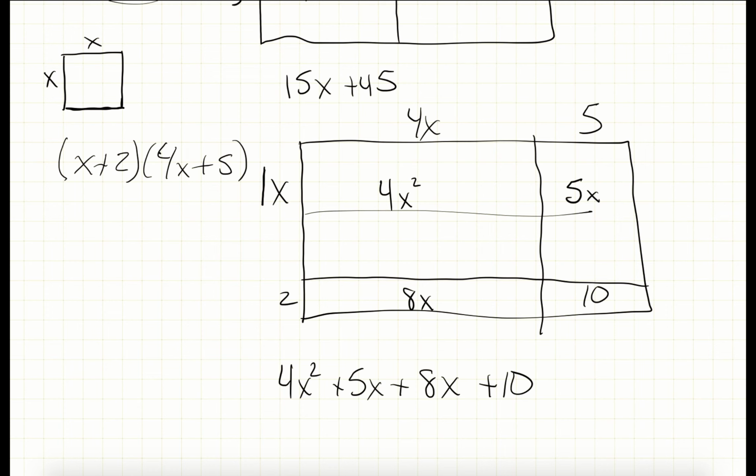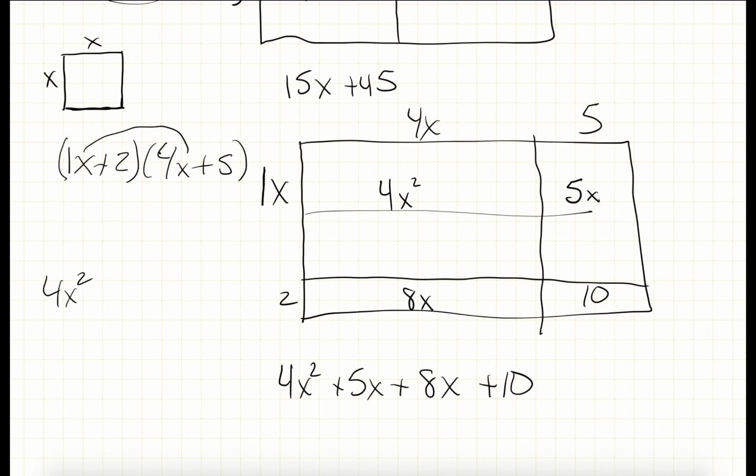Now, if you did this in your algebra book, they probably wouldn't show you all this. They would probably just tell you to use the distributive property. But what are they really doing? They're going to put a 1 right here. And then they're going to do x times 4x to make 4x squared.